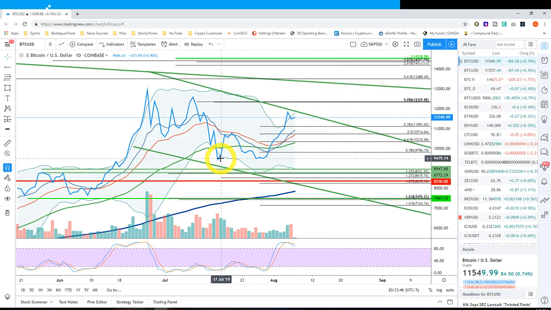Some people may say this is just an A, B, C, a corrective move, right? That's the only thing about Elliott waves that drives me absolutely bonkers. I couldn't do it. It just takes too much time. You have to sit there and look at subwaves.